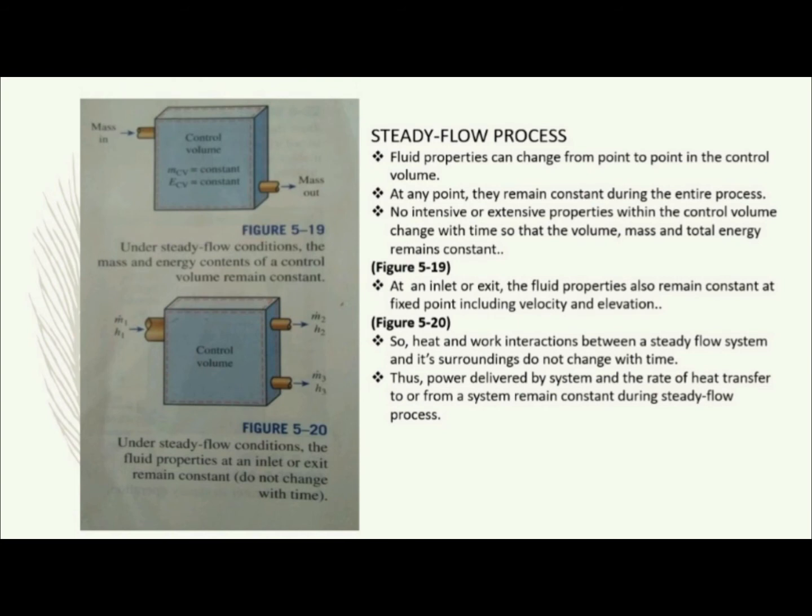A steady flow process. In a steady flow process, fluid properties can change from point to point in the control volume, but at any point they remain constant during the entire process. No intensive or extensive properties within the control volume change with time. So the volume, mass, and total energy remain constant. You can refer to figure 5.19 for the example.